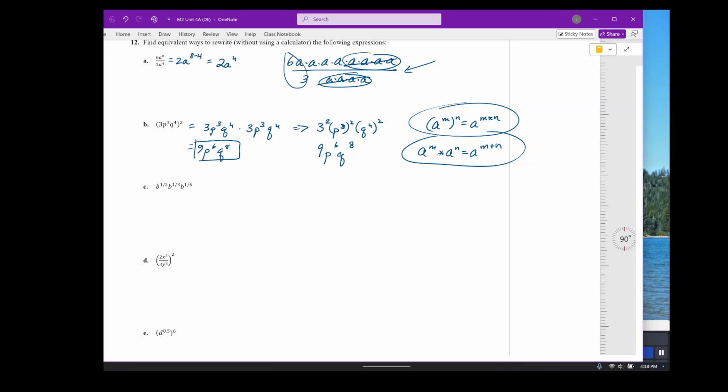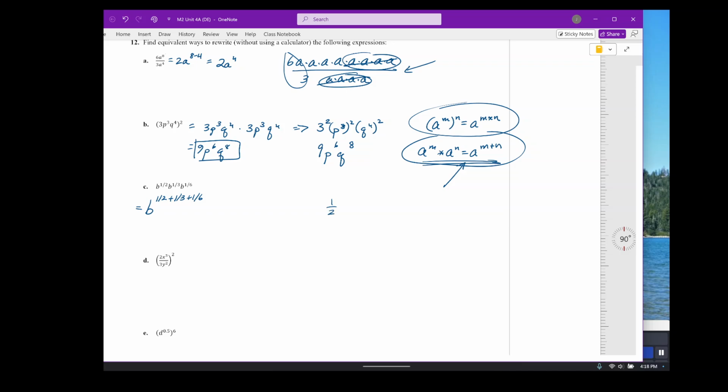Okay, now this one's a little bit uglier. B to the half, b to the 3rd, b to the 6th. So we know this idea right here. This is what it mimics, right? It's something to a power times something to a power, and then in this case, times something to another power. So we're going to tack on another plus something here. So this all turns into b to the 1/2 plus 1/3 plus 1/6.